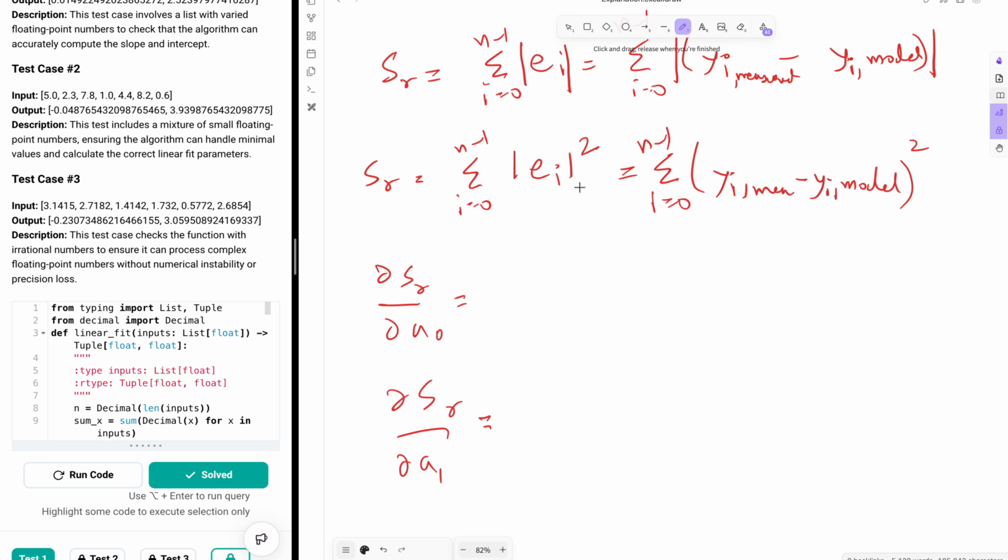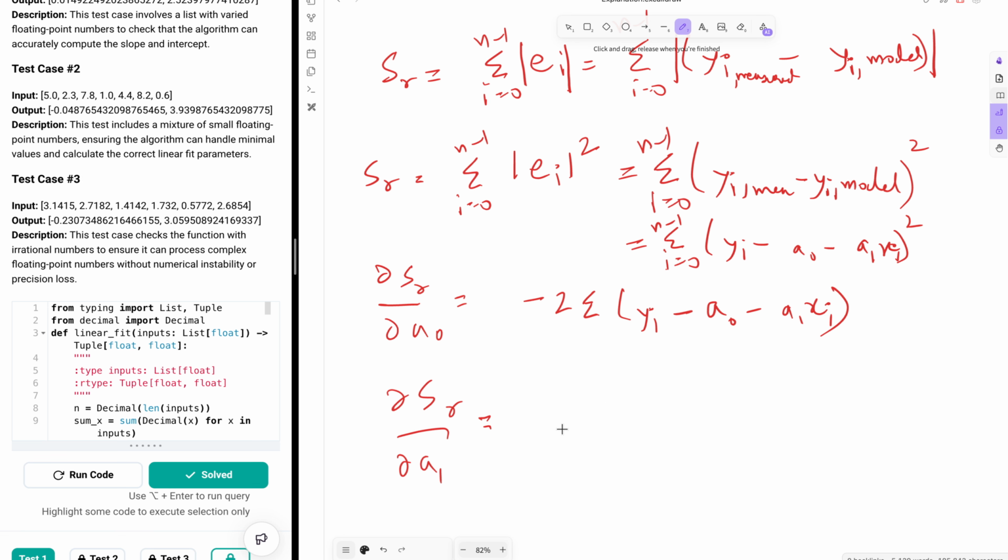So now we can write it again. So this would become summation from 0 to n minus 1 of (y_i minus a_0 minus a_1 x_i) squared. Differentiating it with the a_0 variable will give us minus 2 times summation of (y_i minus a_0 minus a_1 x_i), because we are using the chain rule to differentiate.